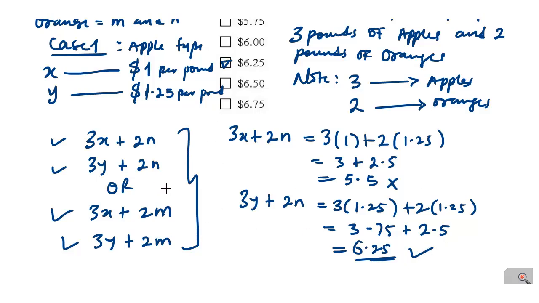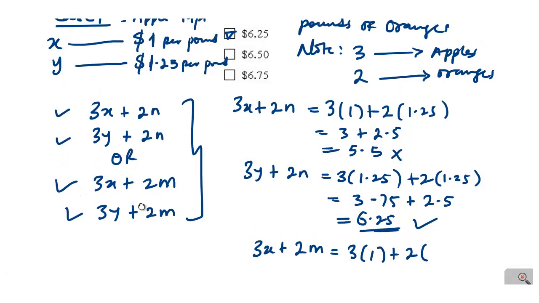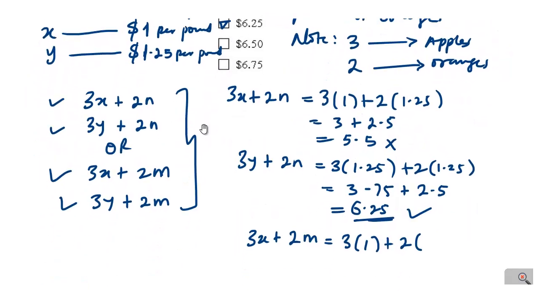Then we move on to the next one, 3x plus 2m. That will be 3 times x, which has always been 1, plus 2 times m, and m is 1.5.